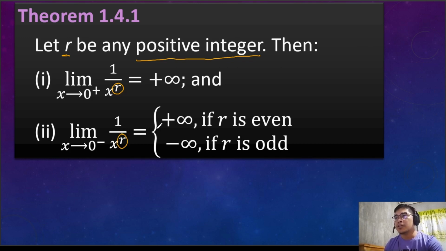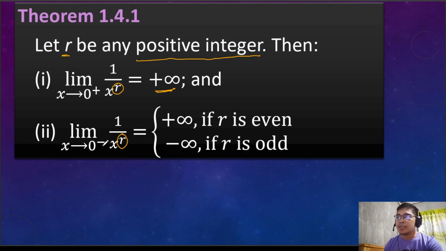So first, limit of 1 over x to the power of r as x approaches 0 from the right side, that is positive infinity. Pambalikon, limit of 1 over x to the power of r, where r is any positive integer, as x approaches 0 from the right side, that is, the limit is positive infinity.